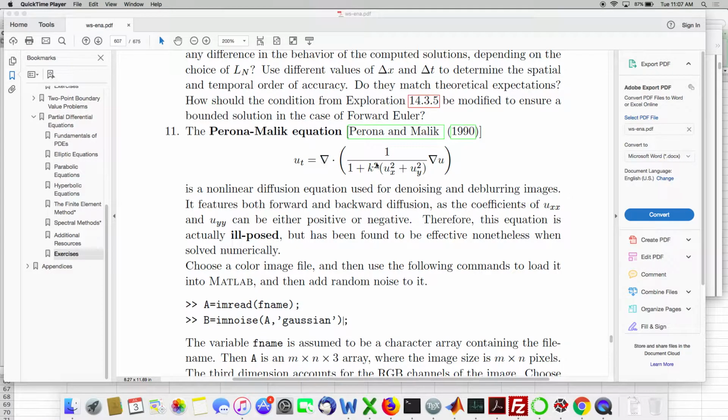So in fact, if you expand this out by the product rule, you'd have d/dx of this times du/dx plus d/dy of this times du/dy. But what's different from the equation up above is that here the coefficient depends on u, or specifically u_x and u_y. So that's what makes it nonlinear.